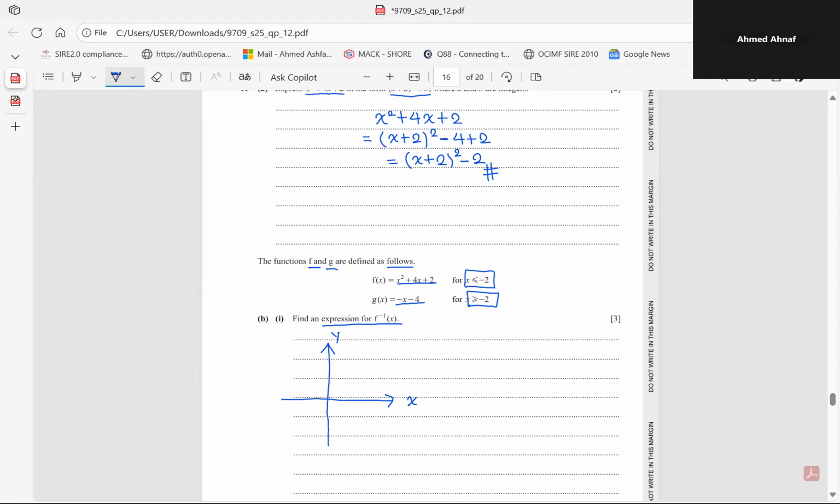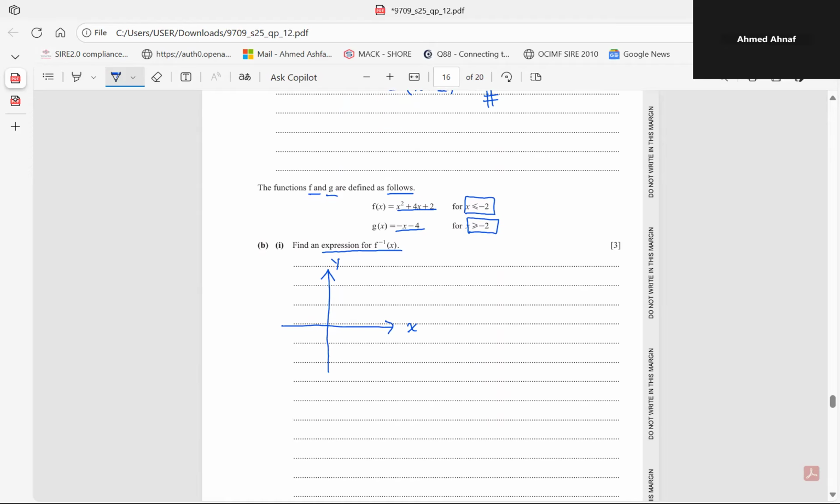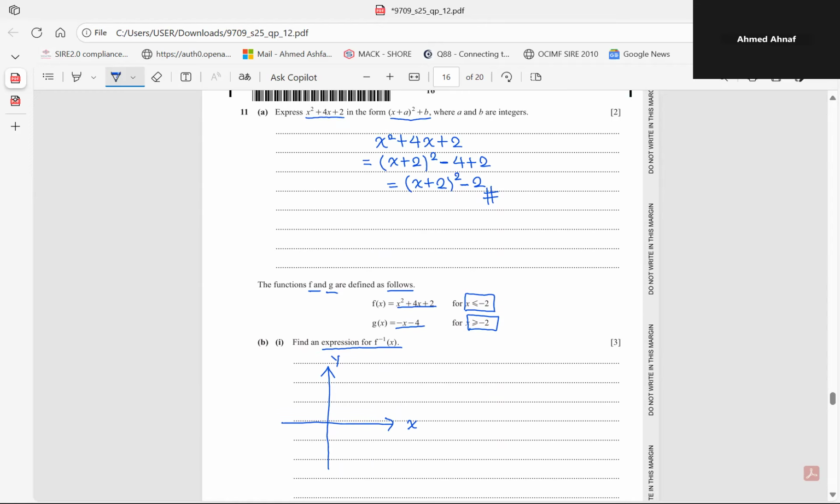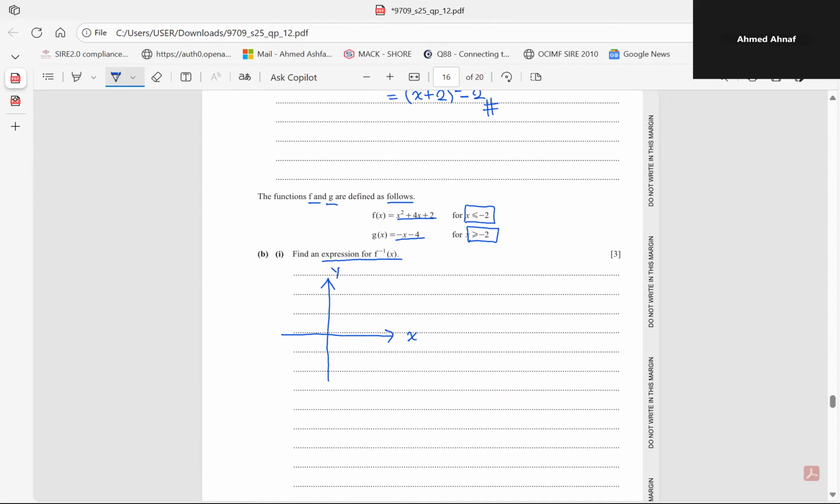So -2 is actually where the turning point of our function is, because if you take a look at our completed square form, when you put x equals -2, we'll get 0 squared minus 2, which is -2, and this would give us the minimum point, so the lowest point on the quadratic curve.